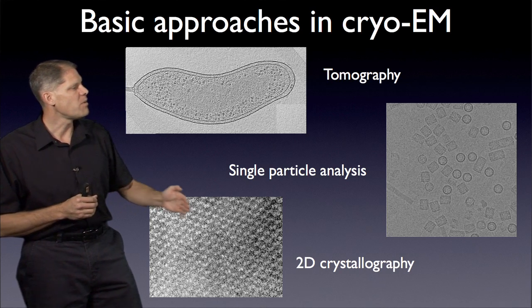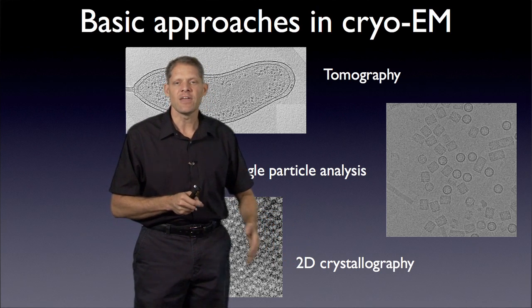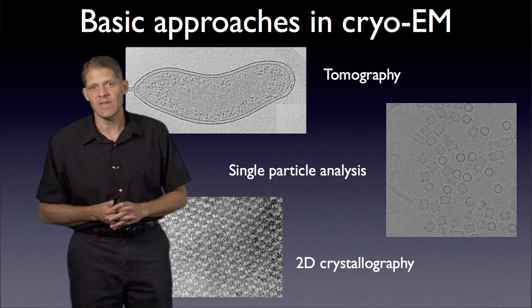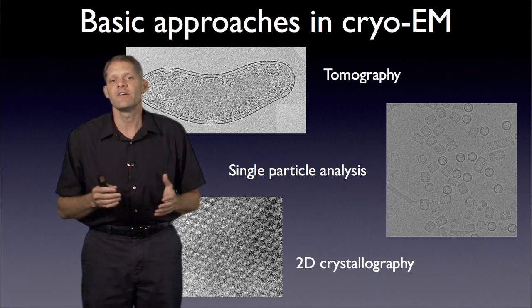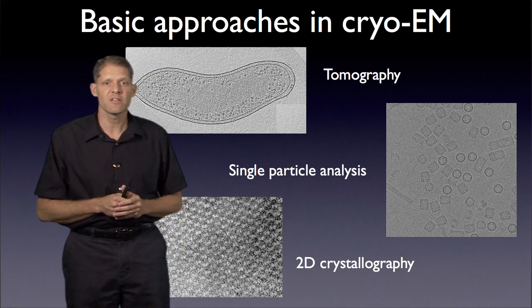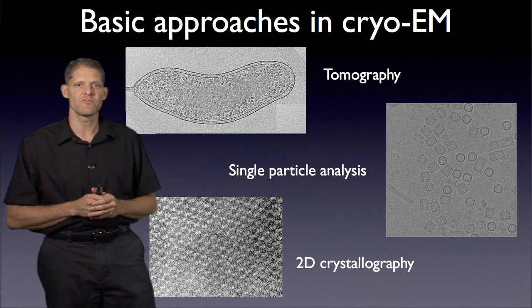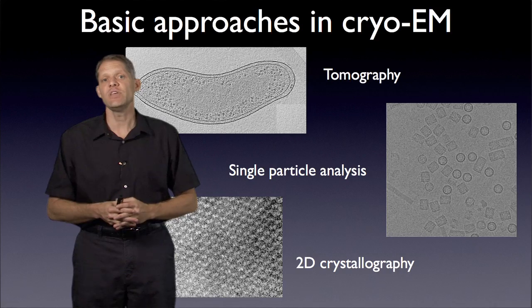And so we do what's called two-dimensional crystallography. And two-dimensional electron crystallography has produced some of the very highest resolution protein structures that are known to date. So now we'll turn our attention to the particulars of these three basic modalities of cryo-EM: tomography, single particle analysis, and 2D crystallography.